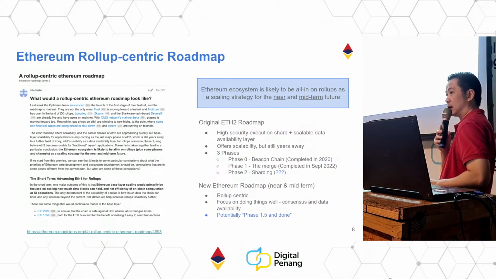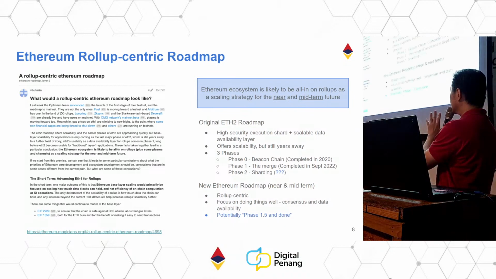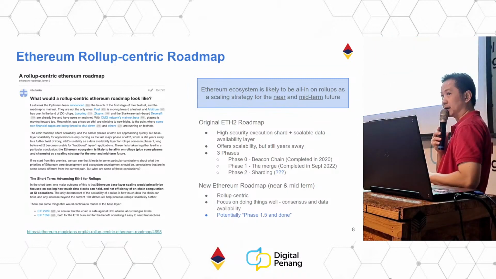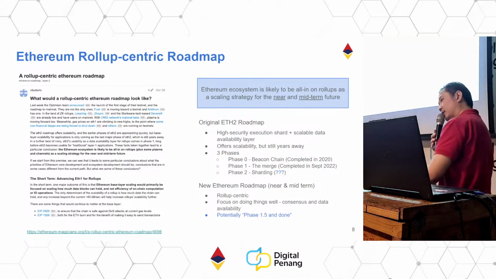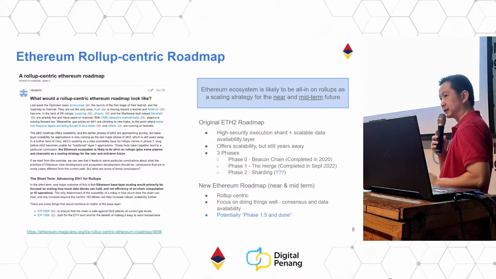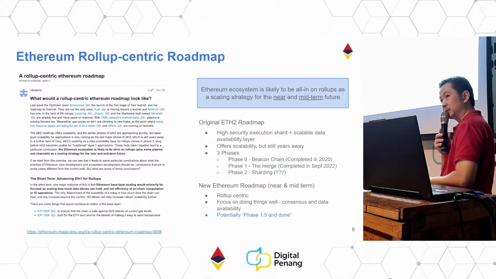That means once the rollup-centric roadmap is done, Ethereum can basically go all in on rollups, and the rollups can potentially provide the scalability that the whole of Ethereum needed.